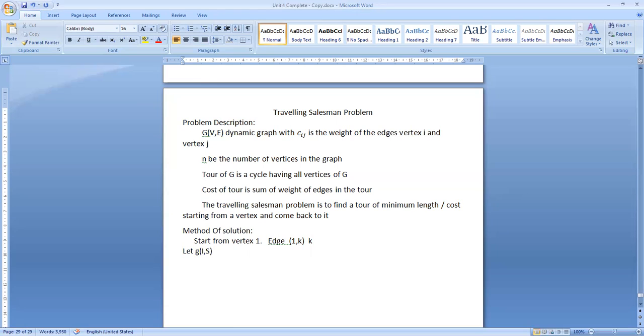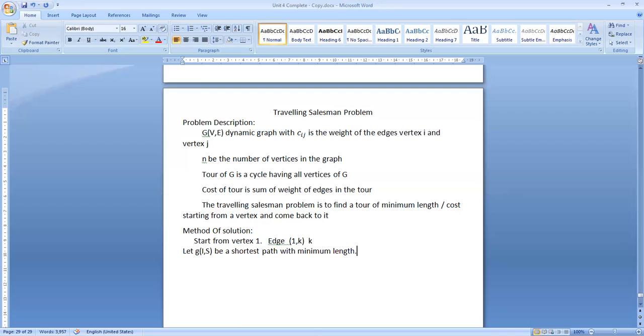Let g of I comma S be the shortest path with minimum length.